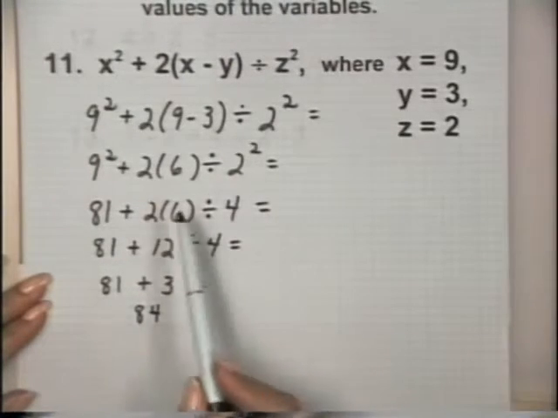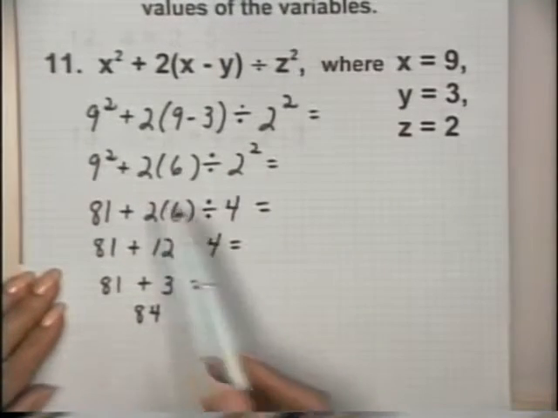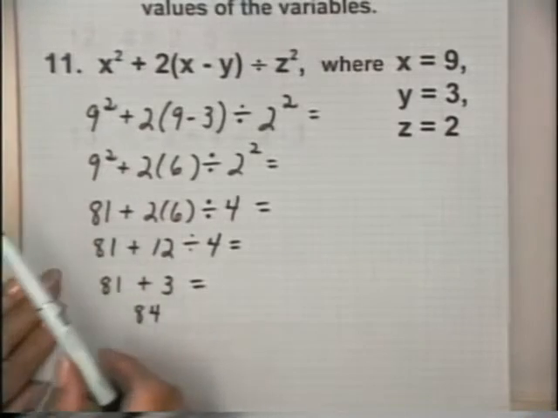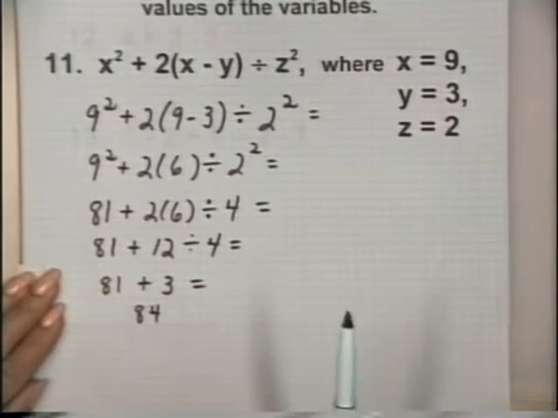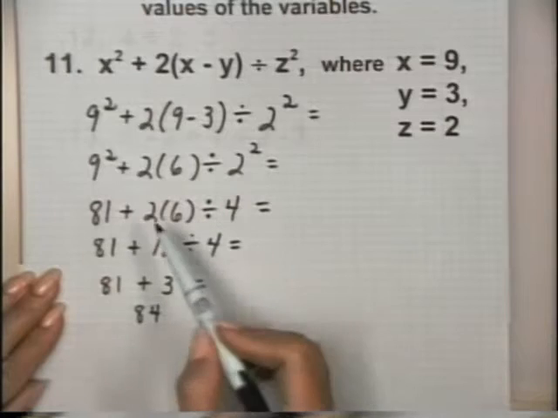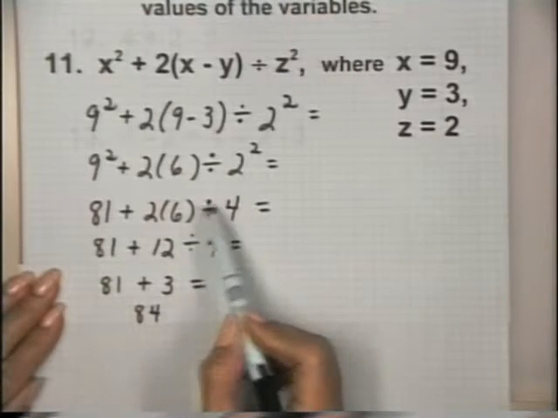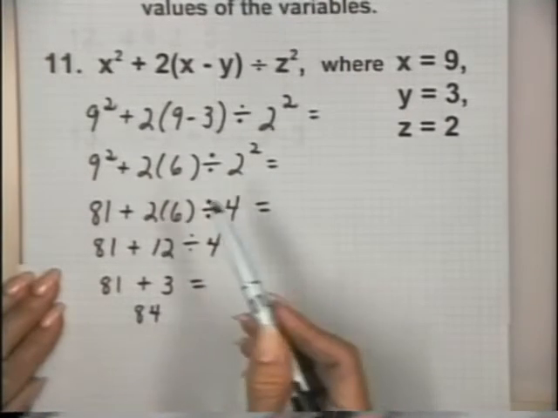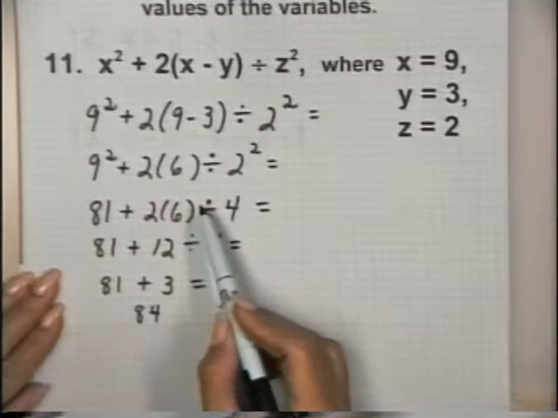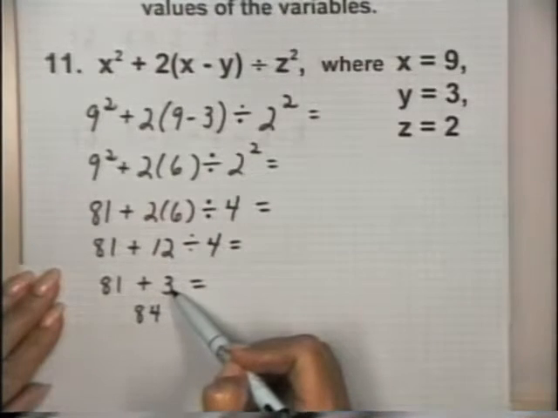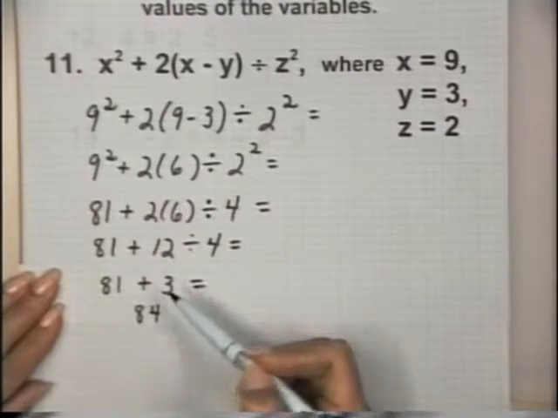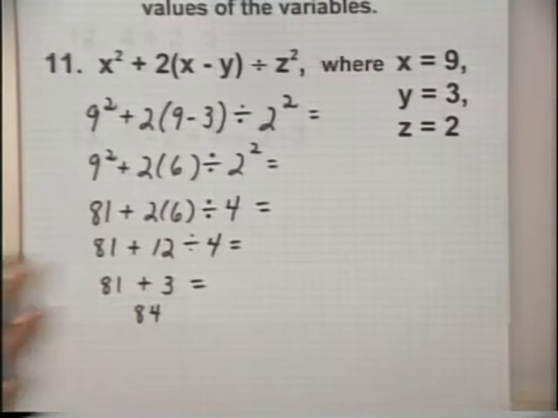Now once again, notice when we came to step 3 where we were trying to go through and do all our multiplication and division, when we came to 2 times 6 divided by 4, we could say 2 times 6 is 12 and 12 divided by 4 is 3, and just write that 3 down. So we're left to say 81 plus 3 equals 84.